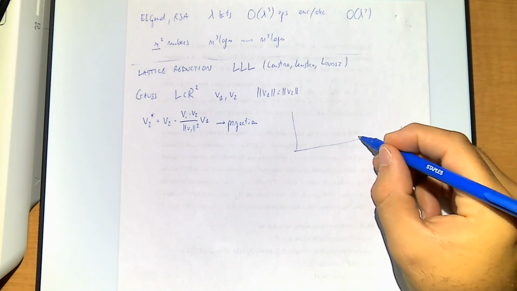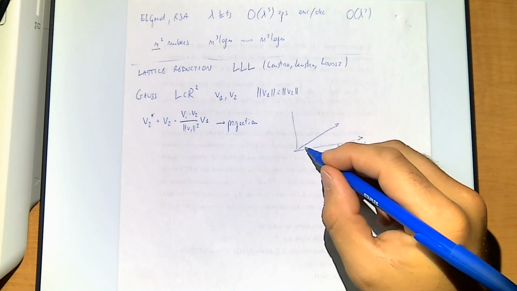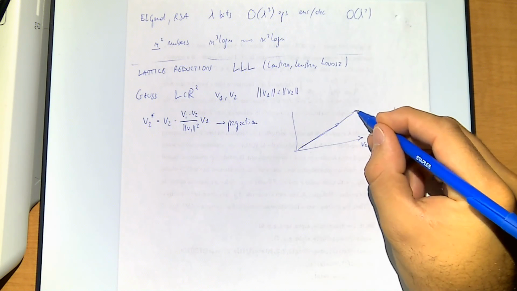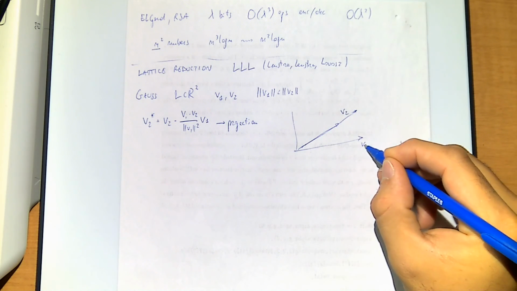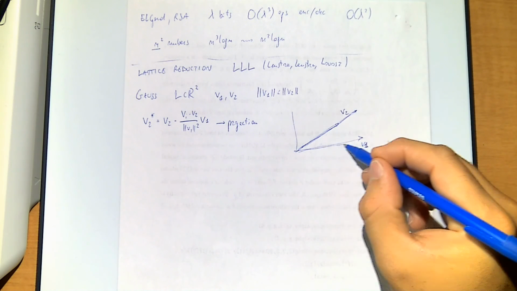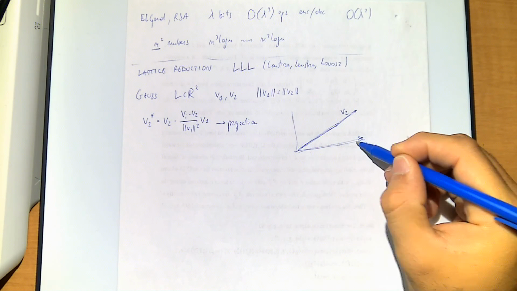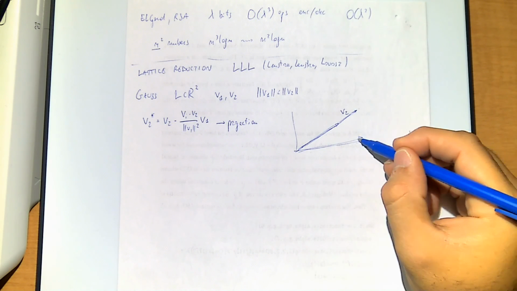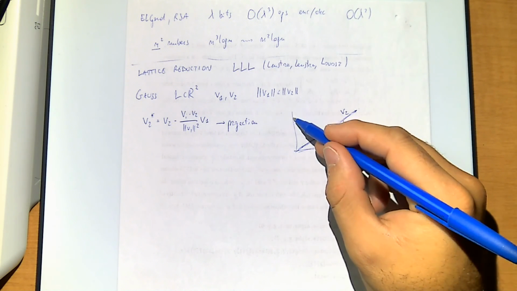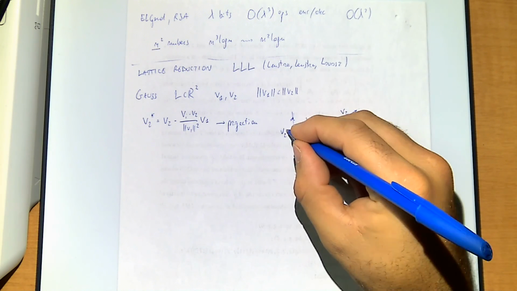We have V1, we have V2, but I have to be precise. V1 is smaller than V2, and V2 is longer, the diagonal of a rectangle, so this is bigger than that. So we're going to project not onto V1, but onto the orthogonal complement, and here we get V2 star.